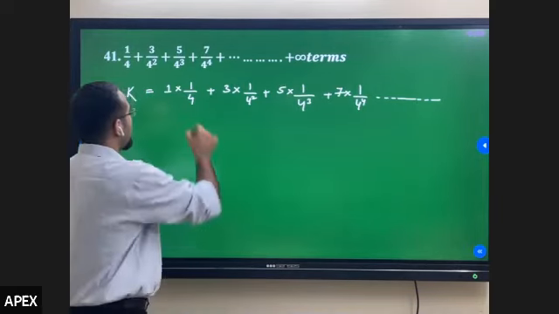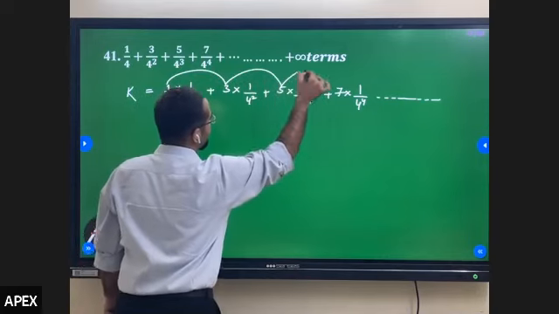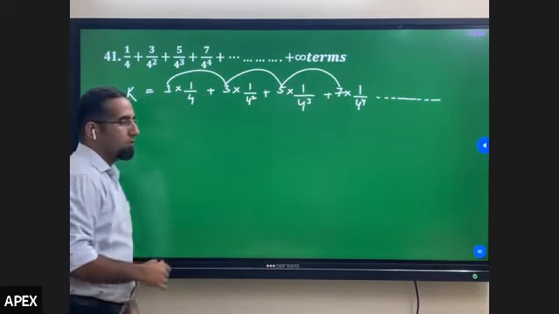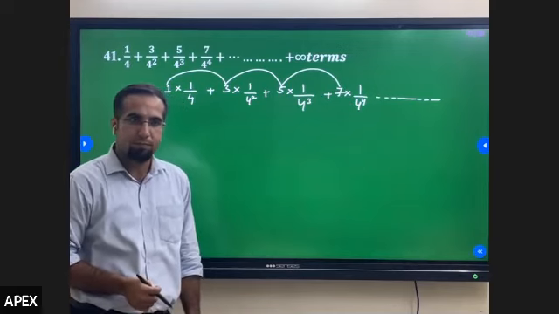So you see that one part of the series is in arithmetic progression, and the other part of the series is in geometric progression.